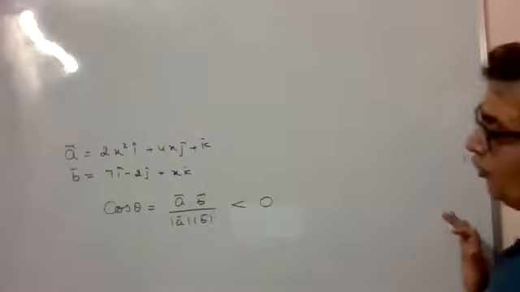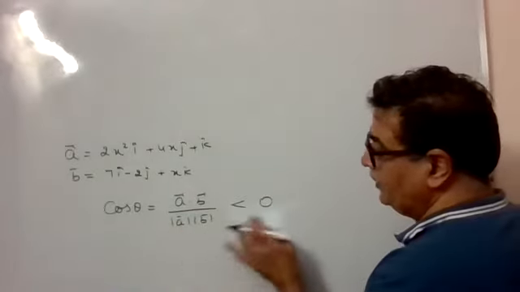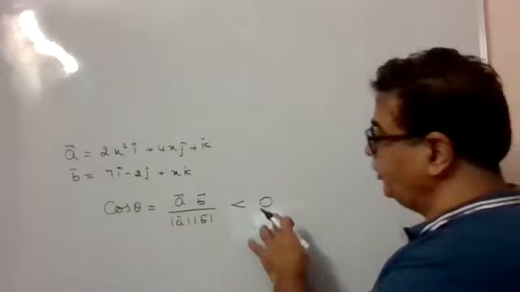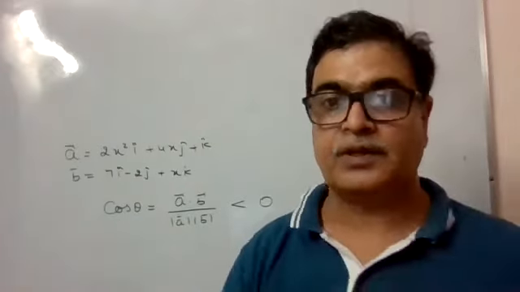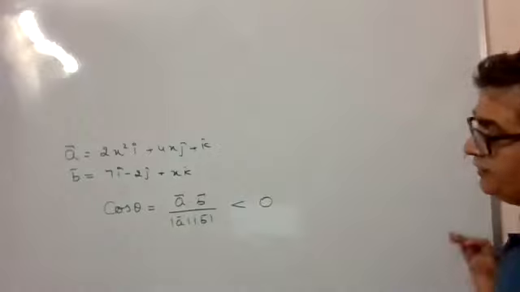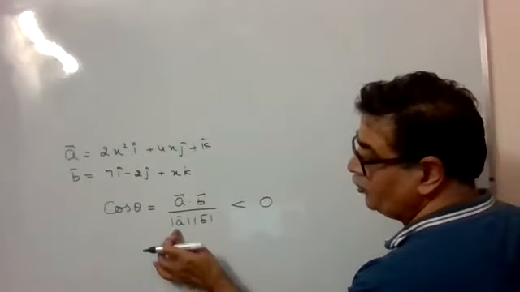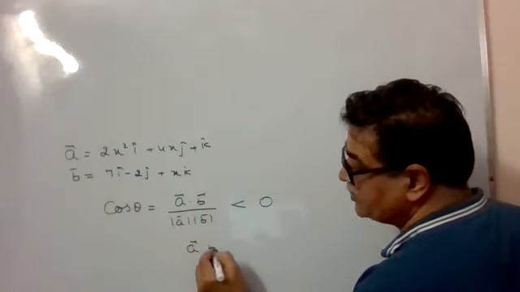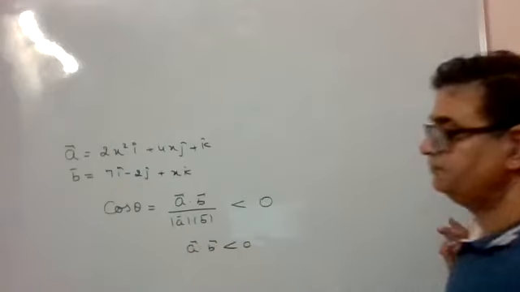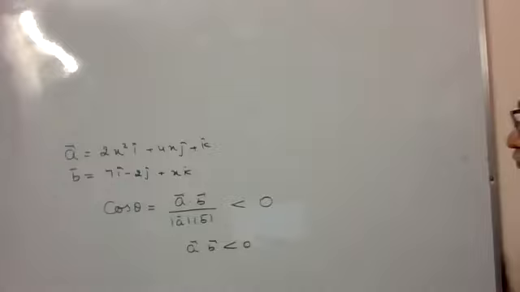Now if this quantity is less than 0, what does it mean? The magnitudes are positive quantities, so only A dot B has to be less than 0. And then we solve it.